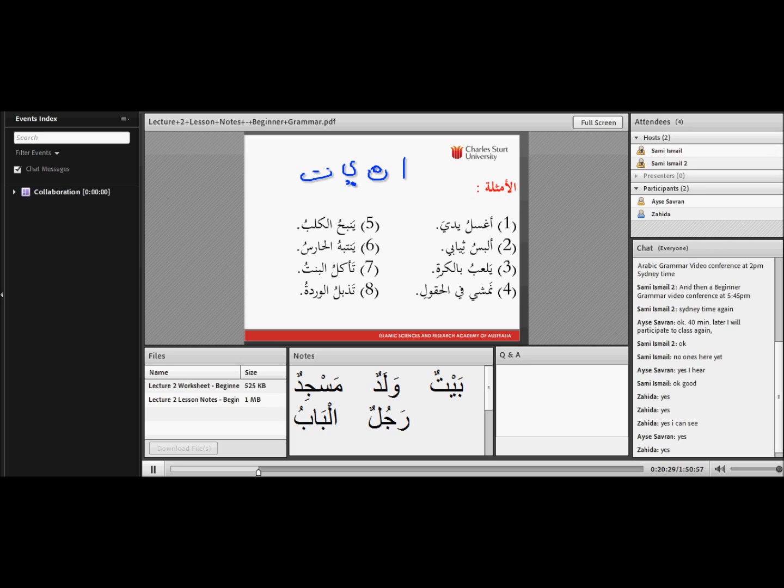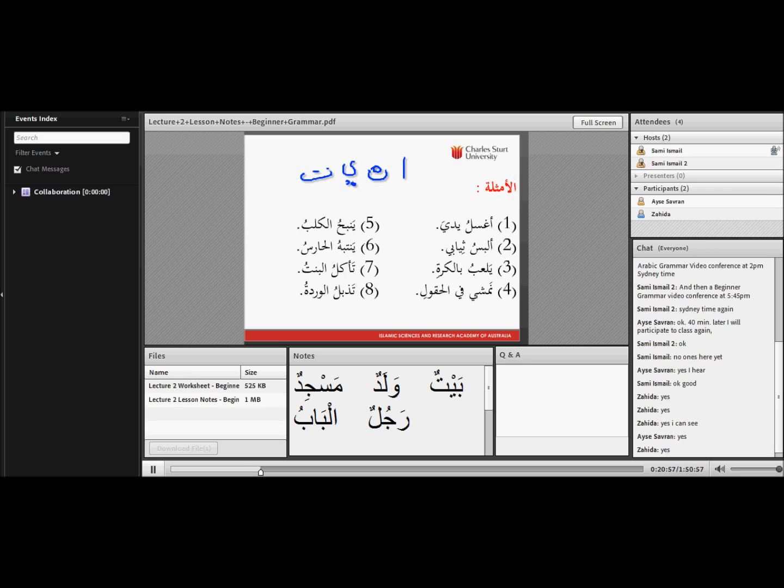But, however, in saying that, not all the words that start with one of these four letters is necessarily a fi'l mudari' or a present tense verb. What I mean by that is, for example, the word akala. Now, akala starts with alif. And we said that the fi'l mudari' or the present tense should start with one of these four letters including alif.